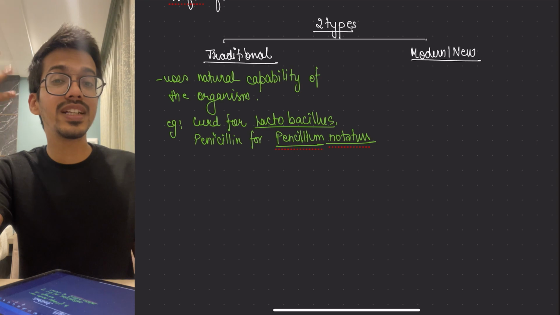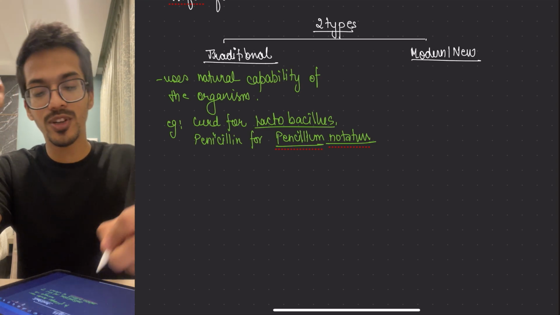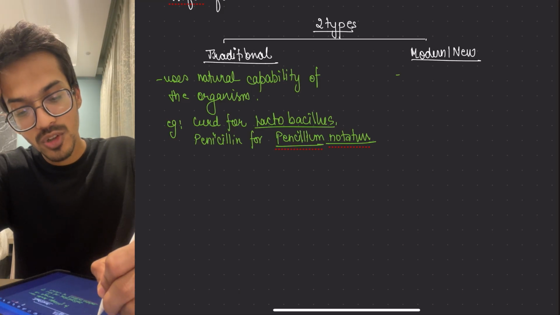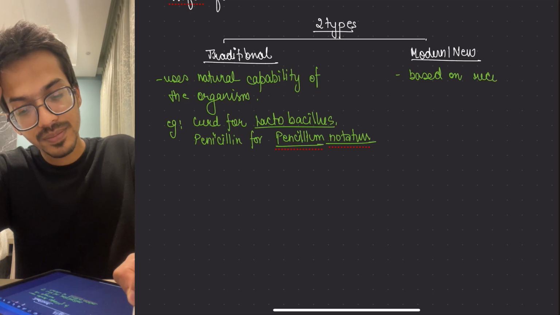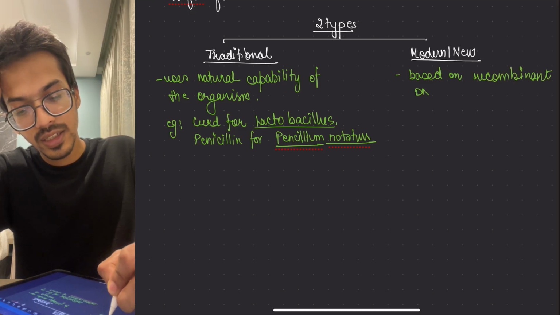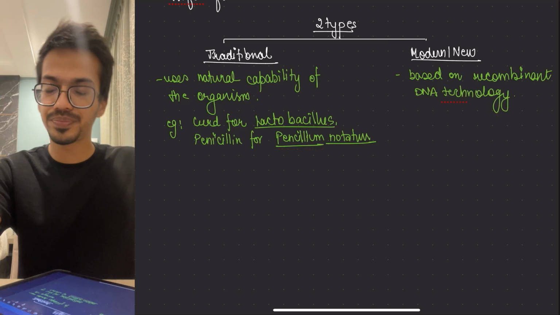Now the modern way is where we will change the DNA itself, based on recombinant DNA technology. What it is and how it is done, this is what our chapter will be.